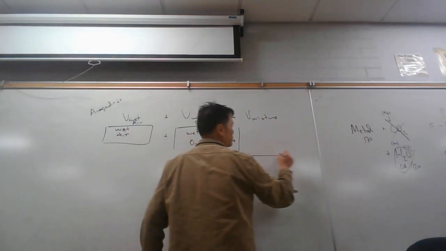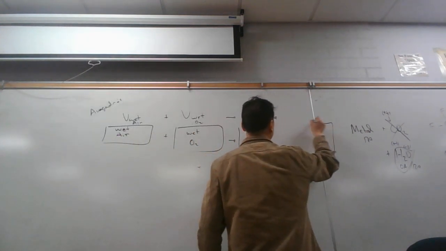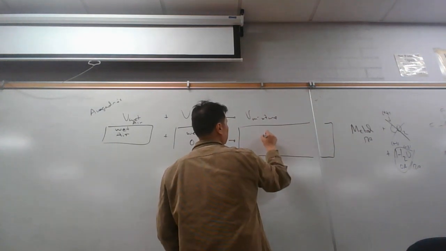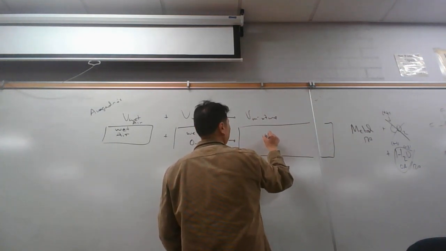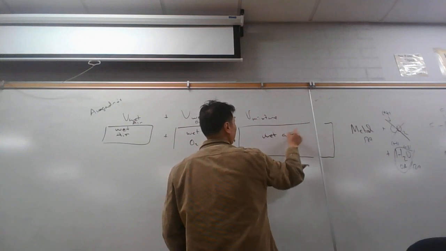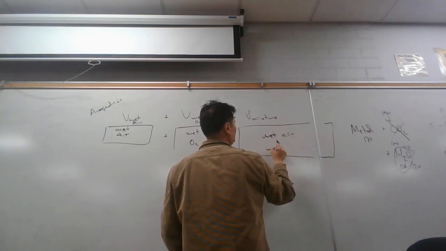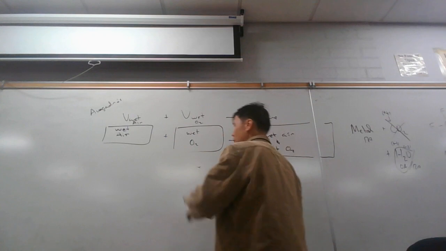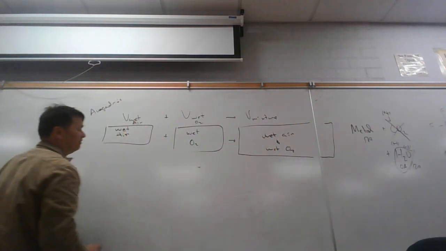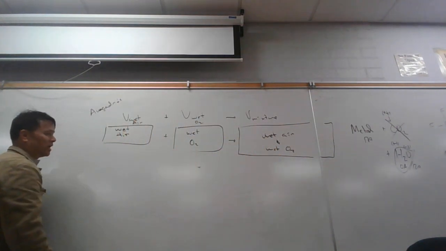And so the volume of the mixture is going to be the cumulative volumes here. And so this will be wet air and wet O2. And so the volumes add up as long as the pressure is the same.